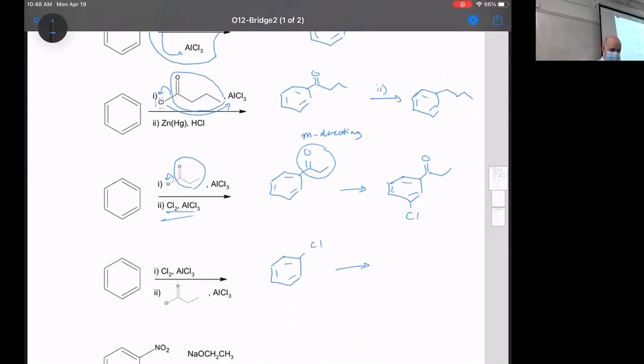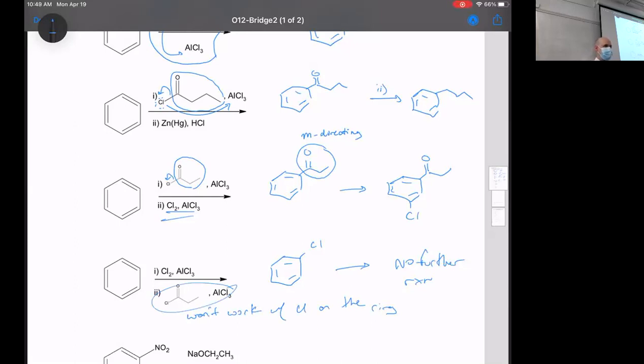So for that second step, there's just no further reaction. So basically, this thing won't work with chlorine on the ring.